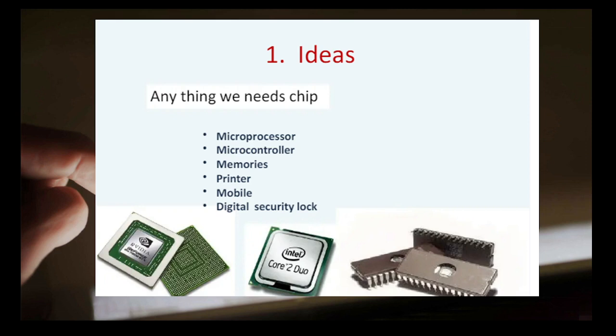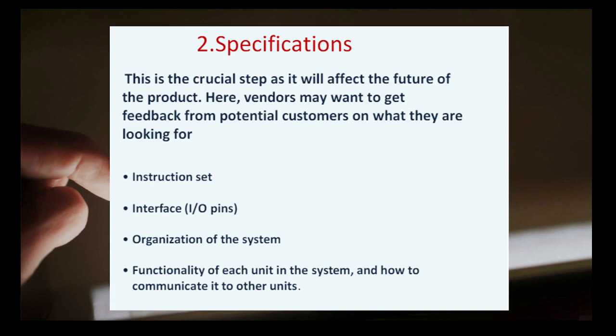It is an Intel 8085 or Intel i3 or i7 configuration. A microcontroller is nothing but a processor which has memory built in. For memories, whether it uses RAM, 512 GB, or the capacity of ROM, all such stuff needs to be known. Whether the peripherals have been connected: printer, mobile, and digital security lock.